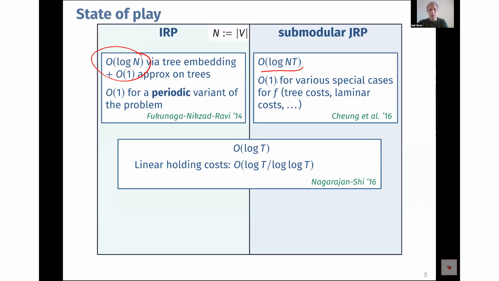And then there was a paper by Najera, Zhan, and Shi where they gave a log t approximation for both. I will come back to this paper in a bit. And in fact, a little bit better for linear holding costs, actually more general than that, but under some restrictions on the holding cost, including linear, they beat the logarithmic bound, so log t over log log t.